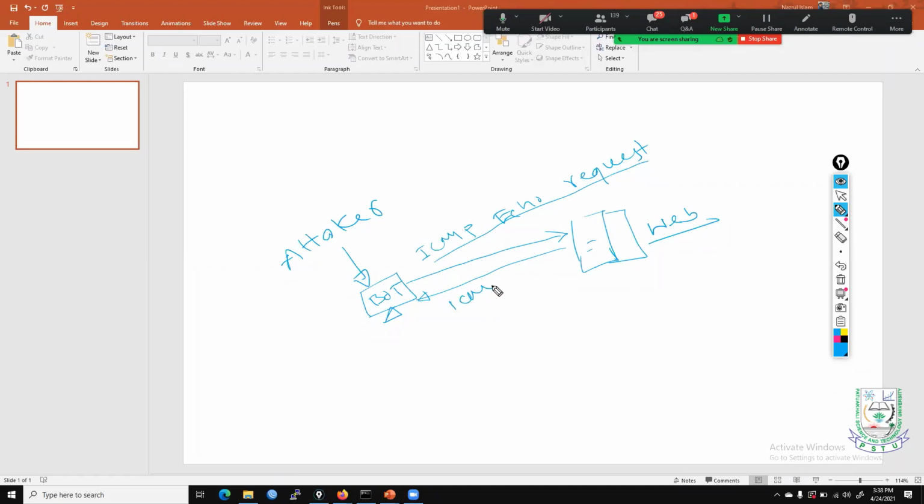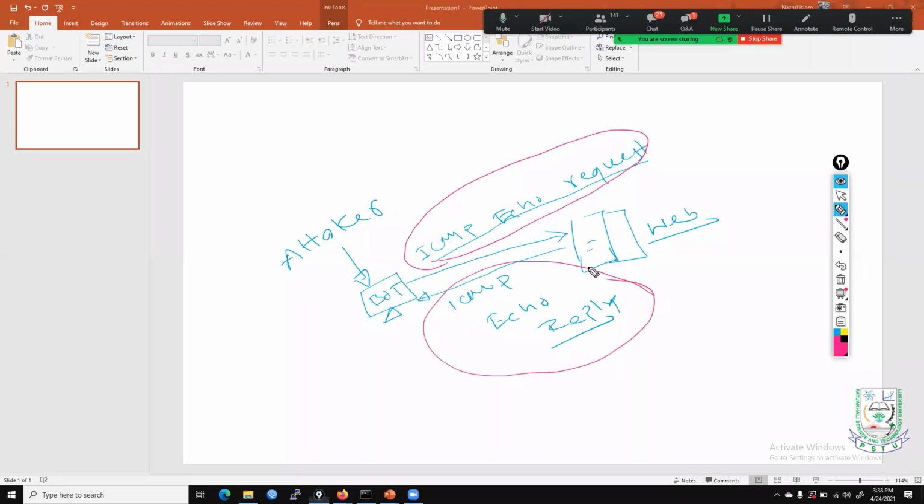So the server gets the ICMP request from the bot or attacker, and in response the server sends the echo reply.